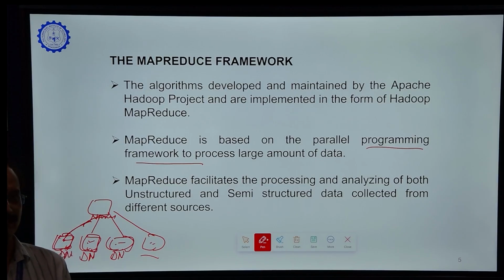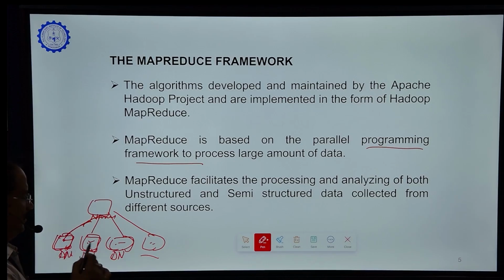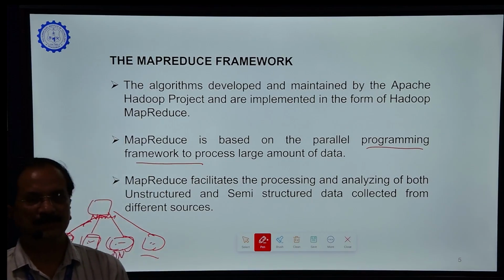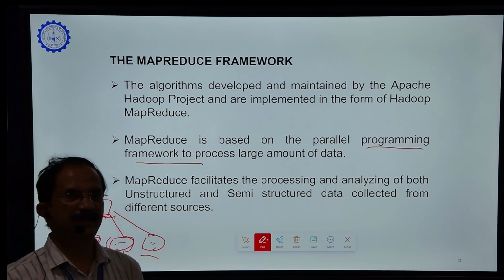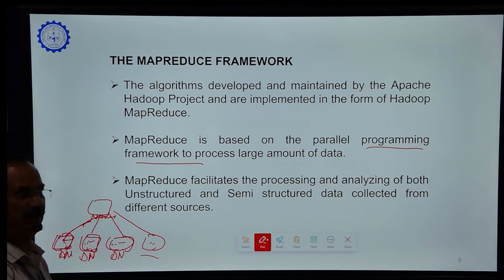And that result is the complete data processing result. In other words, suppose a huge amount of data is required to be processed. In that case, the data exists on different data nodes or commodity hardware.